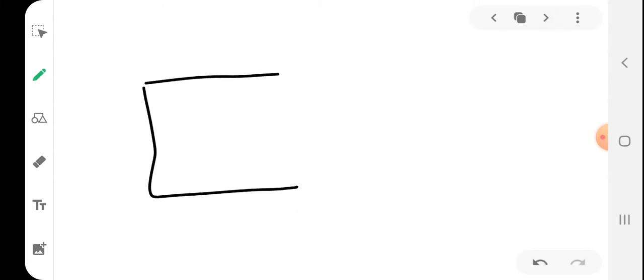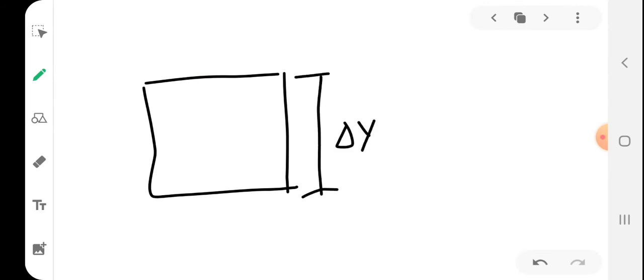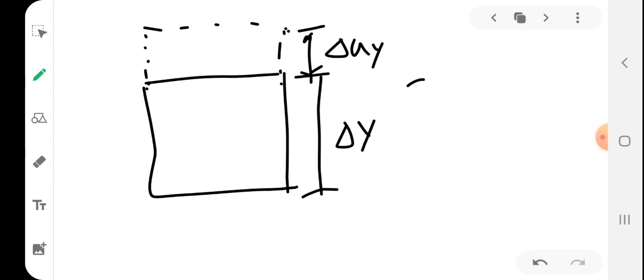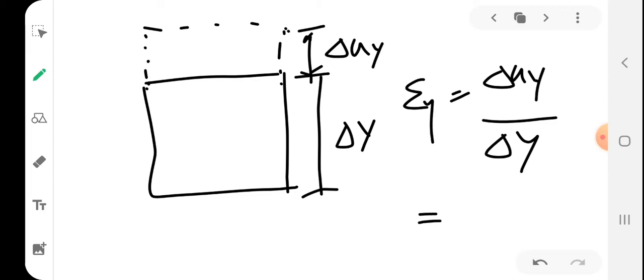Similarly, if the same object is strained in y direction, if this length is delta y and this is strained in y direction, and the deformation is delta uy, then epsilon y can be written as delta uy by delta y or dou uy by dou y.